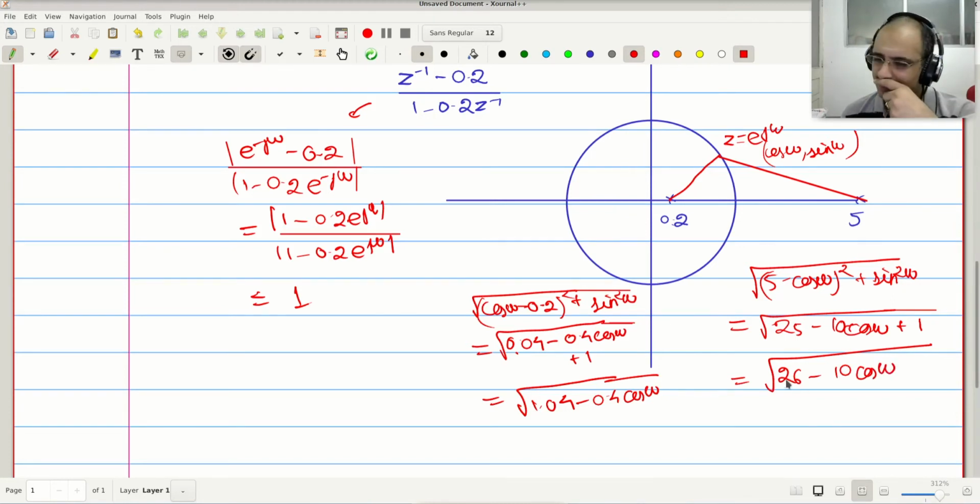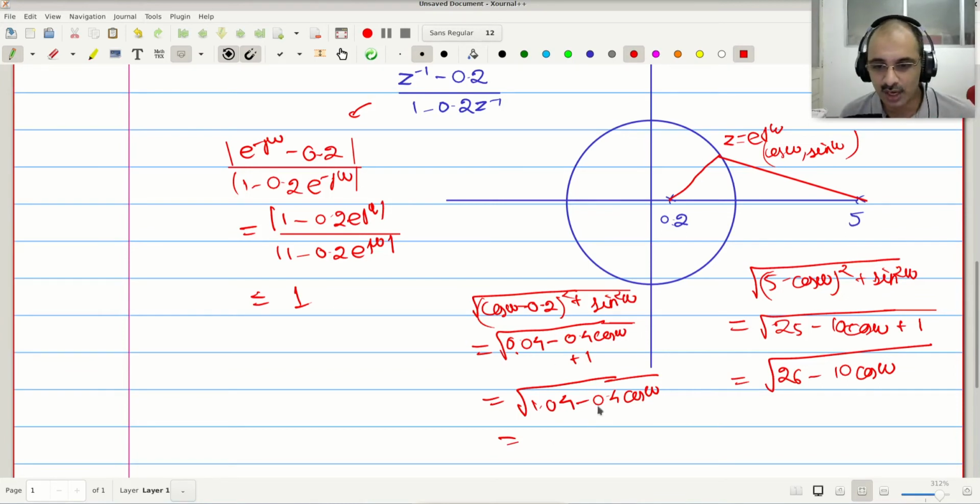So is there any comparison? Let's actually play a trick. So let me multiply whatever is inside carefully. So notice that I want to compare 26 and 1.04.